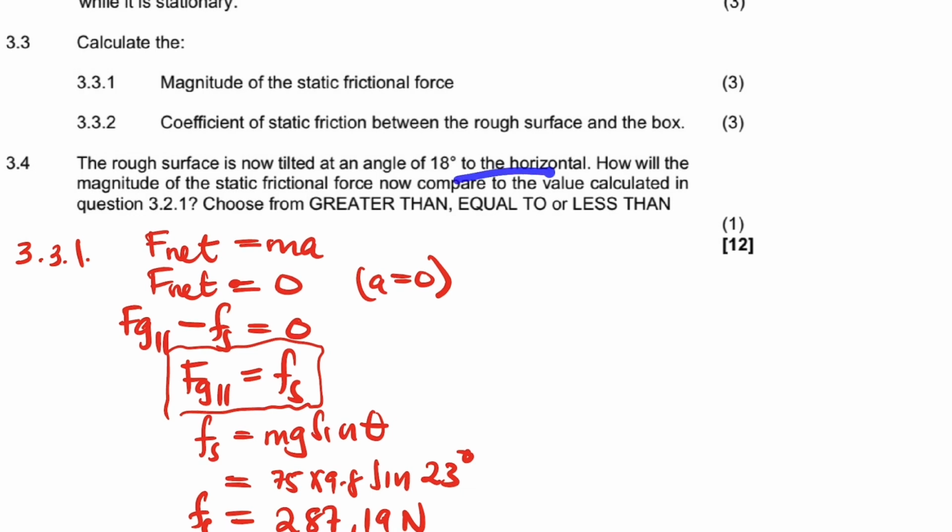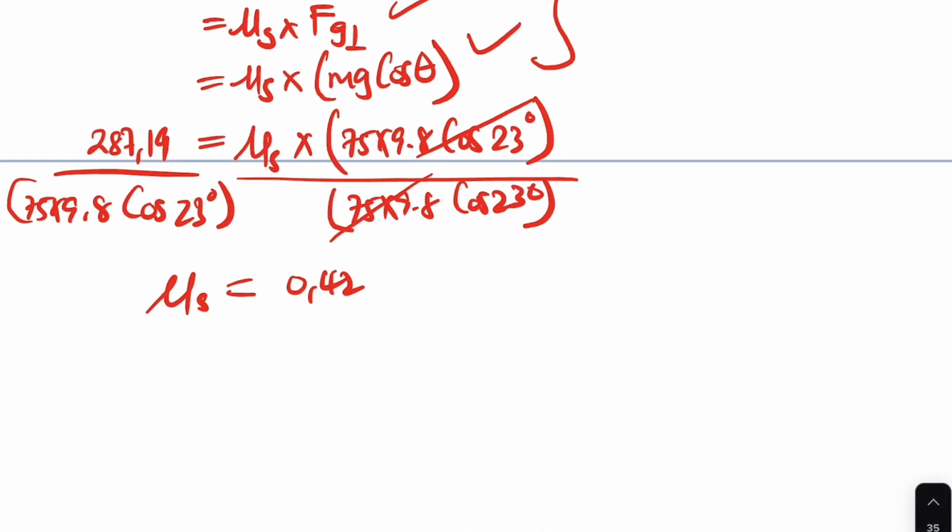It says, how will the magnitude of the static frictional force compare to the value calculated in 3.2.1? Choose greater, or equal to. Guys, I'd like to prove this by calculation first, and then we'll conquer 3.4. So they wanted the Fs. How will the Fs be affected when we decrease the angle?